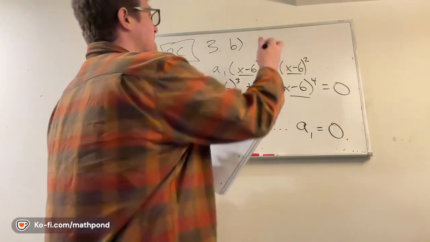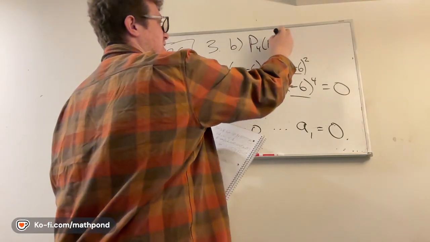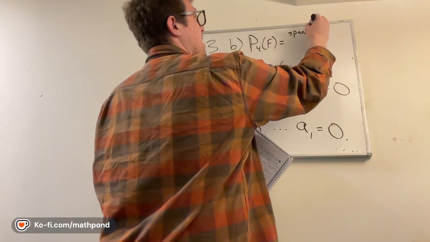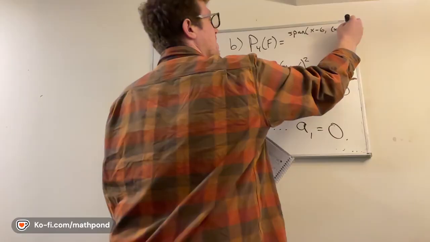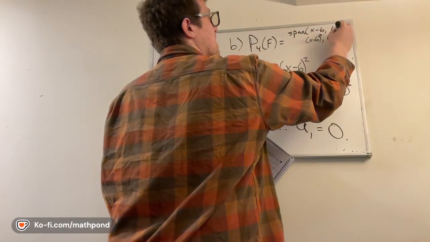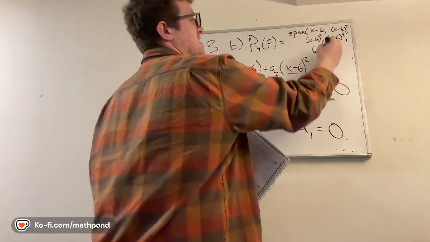So here, if we want to extend the basis, let's say it's the span of x minus 6, x minus 6 squared, x minus 6 cubed, x minus 6 to the 4th, and then I'll throw in a 6, but not a 7.